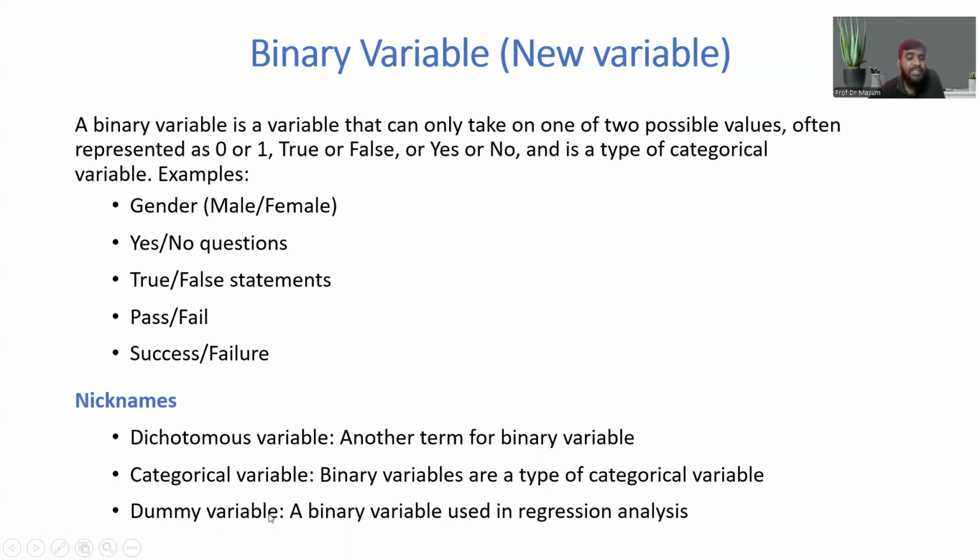This is also used as a dummy variable because 0 indicates that you are not a CEO of a manufacturing company. So this binary variable is also used in regression analysis as a dummy variable. The variables we use today as binary variables are also dummy variables.